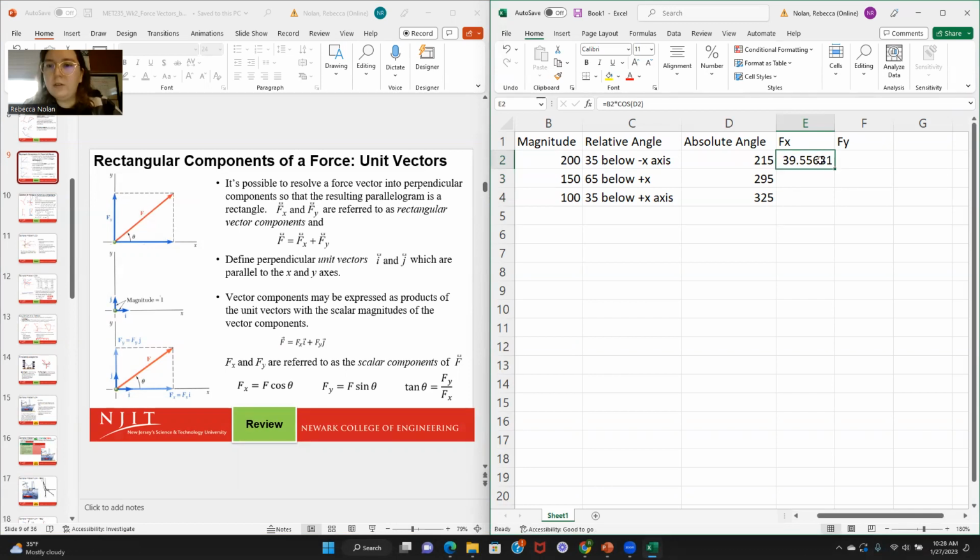If I drag this down, it should drag down all the values. So we should get B3 cosine D3.